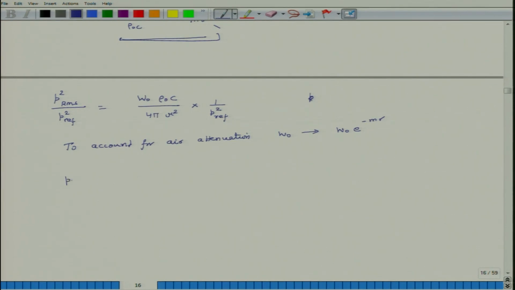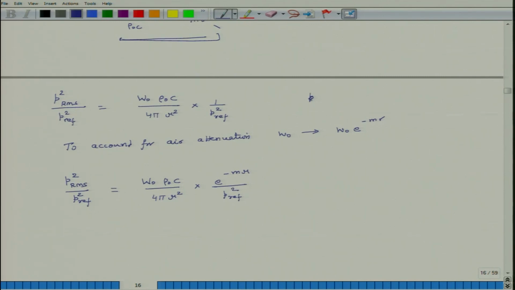So, I will rewrite this equation as: the ratio of the square of RMS pressure and reference pressure equals W naught rho naught C by 4 pi r square, times e to the power of minus mr, divided by P ref square.